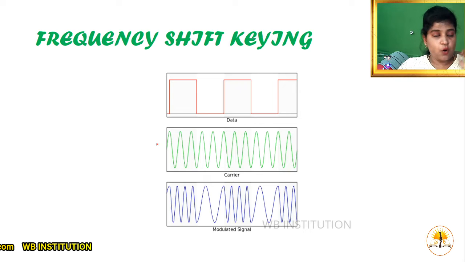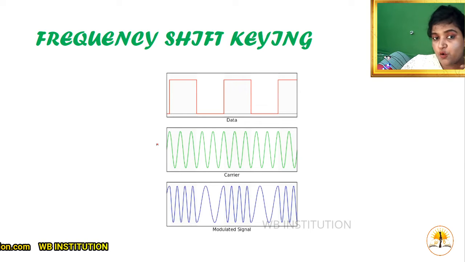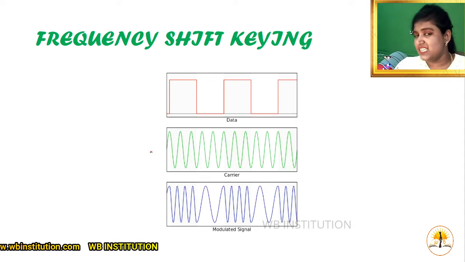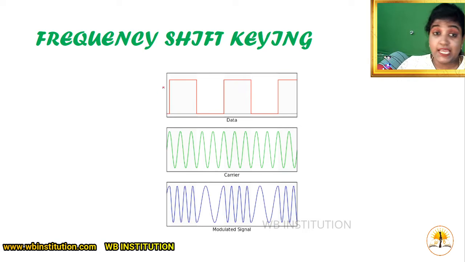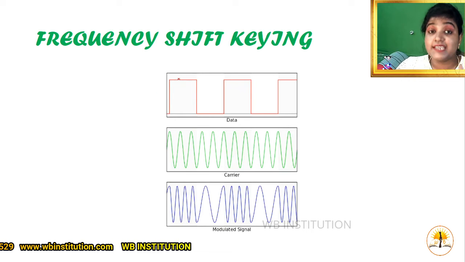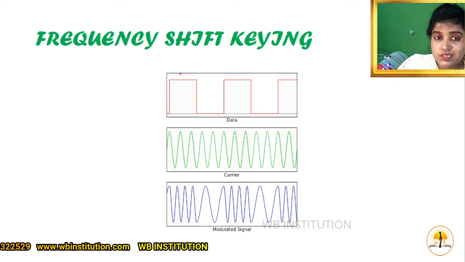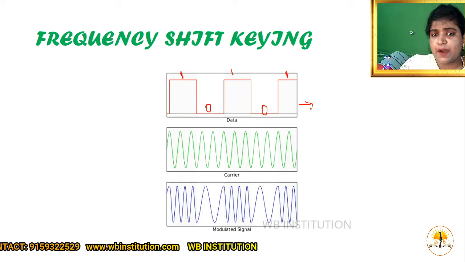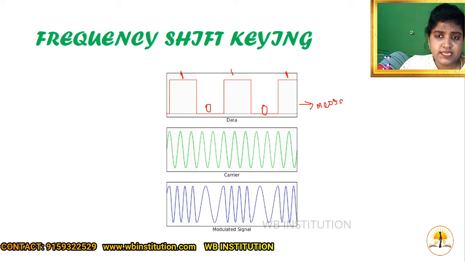As usual, we have to find your message signal as well as your carrier signal. What is your message signal? It is your zeros and ones, that is, your digital signal. Can you see any digital signal over here? Yes, that is your first signal. So this is 1 0 1 0. This is going to be my message signal. Am I right? Yes, guys?